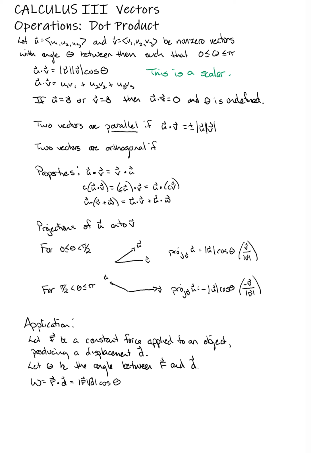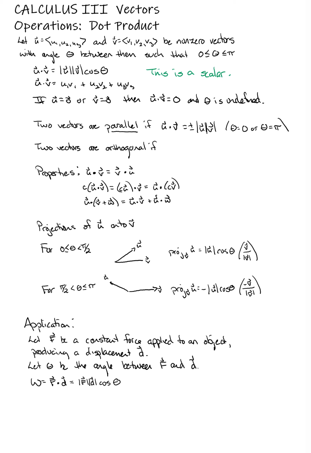Cosine being 1 is whenever that angle is 0 or pi. And that would make the two vectors parallel. The angle between them is either 0 or pi. Notice if the angle between them is 0, then they're going in the same direction. If the angle between the two vectors is pi, then they're actually going in opposite directions.